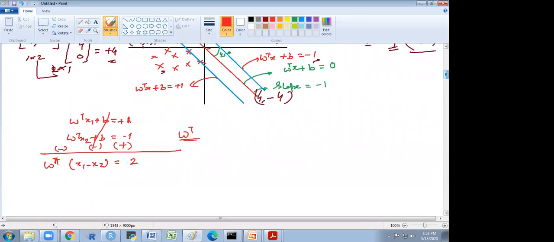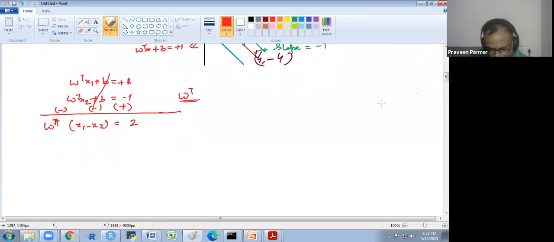So what I will do is convert this into a unit vector.